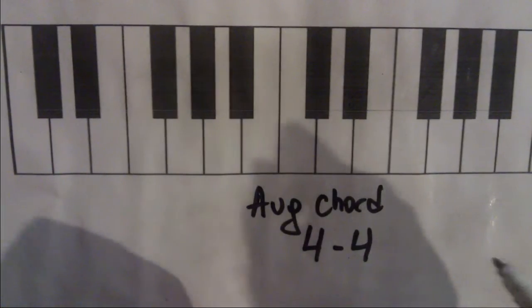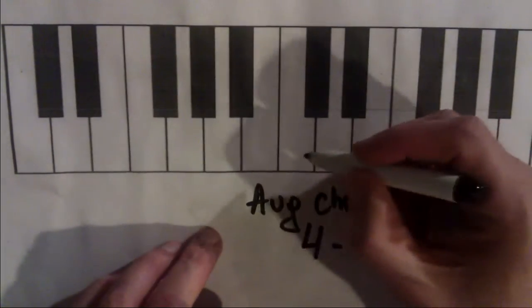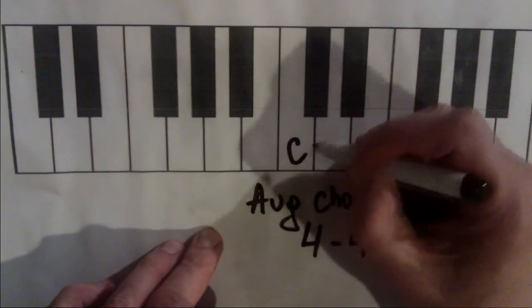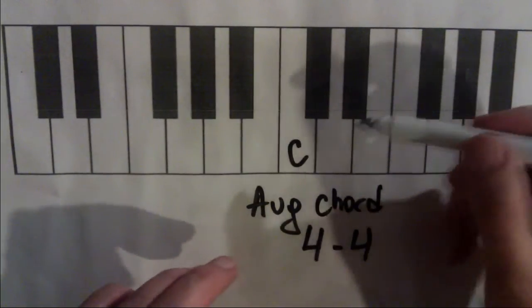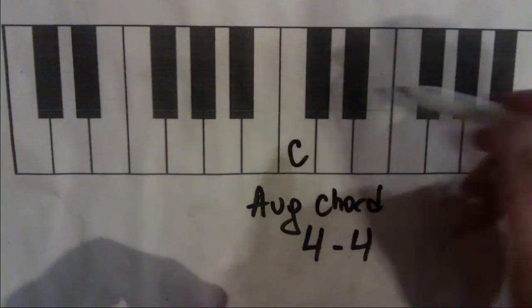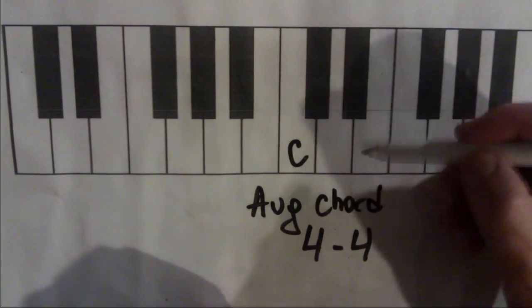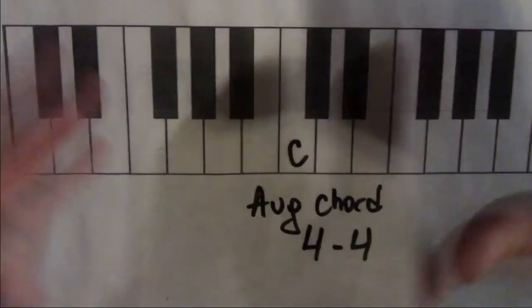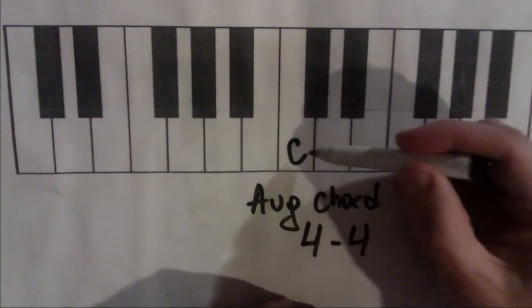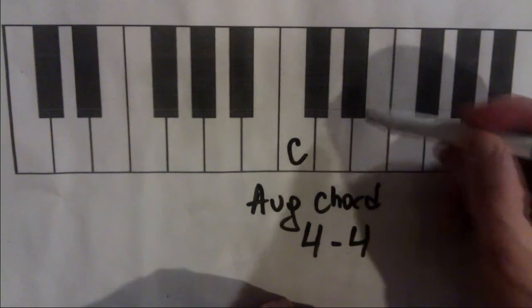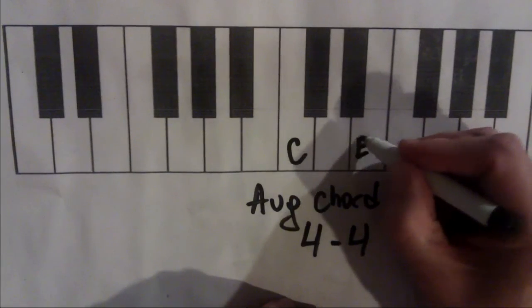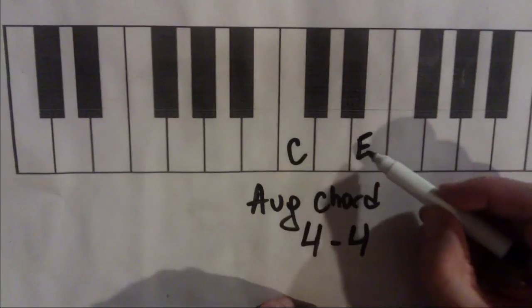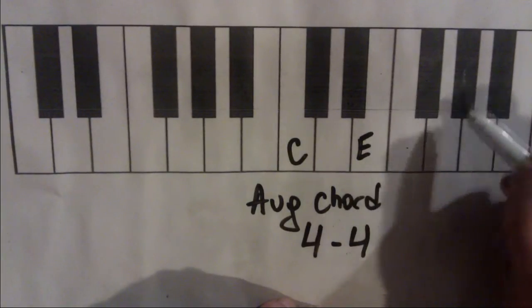Now, let's say we start the game from C, which is the favorite key for anybody that wants to learn about music, because that can be transferred to all other keys. Okay, here we go. 0, 1, 2, 3, 4. Then we have here E, and then from here 0, 1, 2, 3, 4.